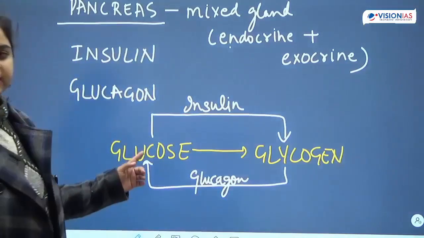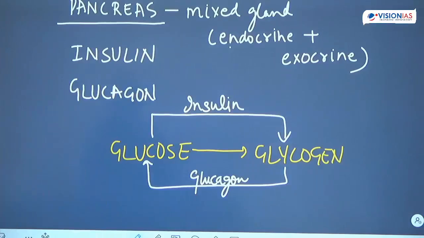So insulin helps in taking glucose to become glycogen, and glycogen to glucose back is done by glucagon.